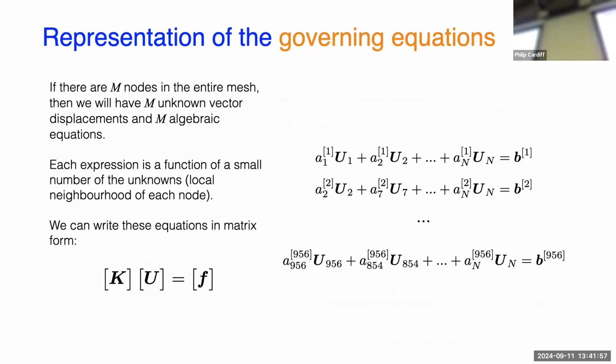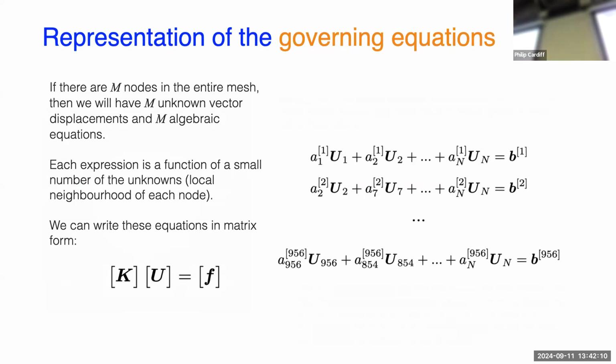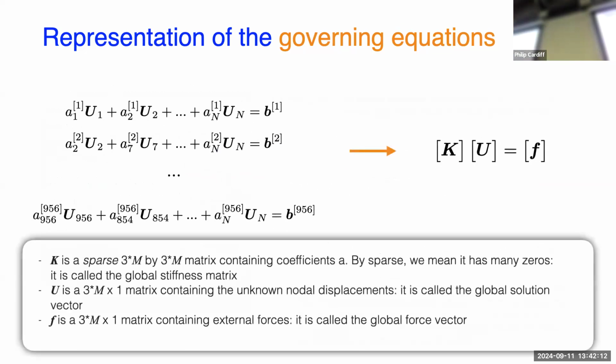All those simultaneous equations, if you've taken a linear algebra course, you can write simultaneous equations in matrix form. A matrix multiplied by the unknown column vector of displacements is equal to a column vector, which is called a source. So this is called a stiffness matrix, K. So you can write your simultaneous equations like that. Depending on how fine your mesh is, this K is a very large matrix.